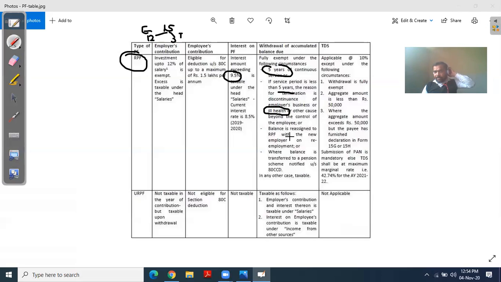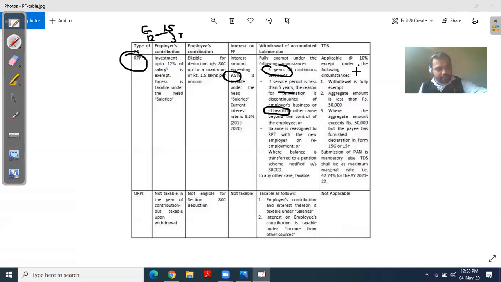Another one is the balance being transferred to RPF with the new employer, then you will also get the amount without any taxation. Or where the balance is transferred to the pension scheme notified under section 80CCD. In other cases it is taxable at the rate of 10%, exempt under the following conditions.